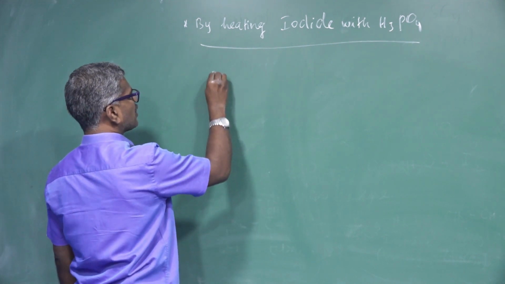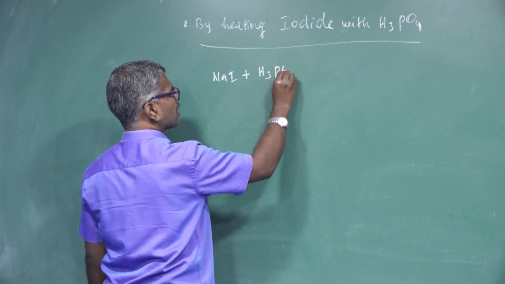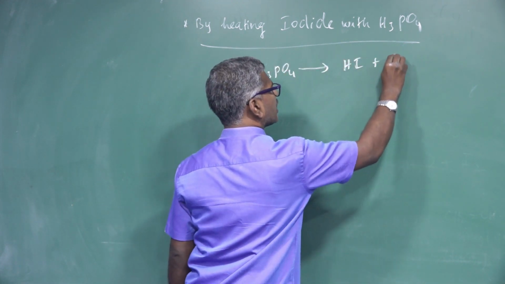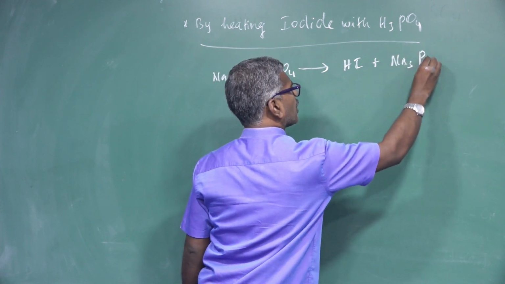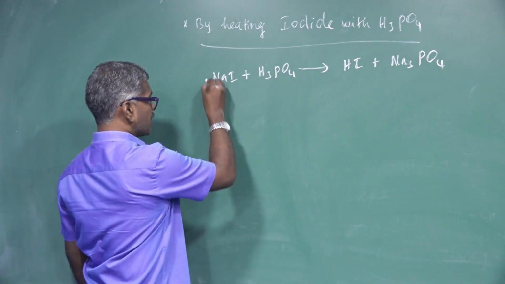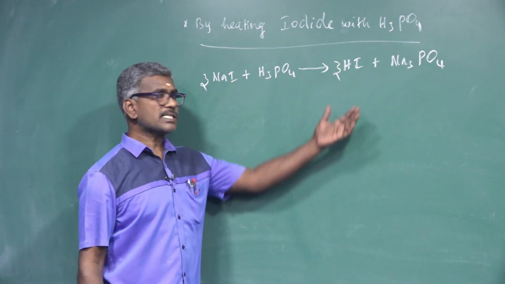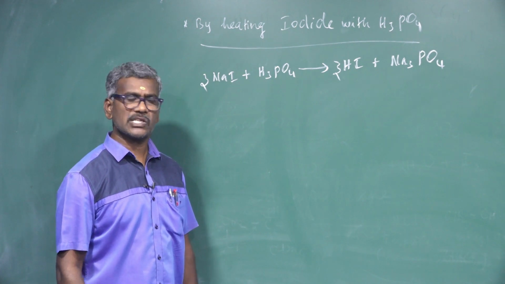Sodium iodide reacts with H3PO4, forming HI and Na3PO4. So 3 sodium, so 3 times, 3 iodine, 3 times. This method is common for all, that is HCl, HBr, HI.